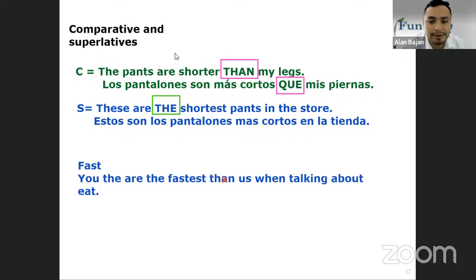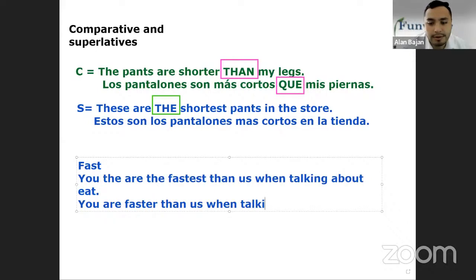Es lo correcto. But if you use comparative, you can say you are faster than us. That's how it works. Thank you.